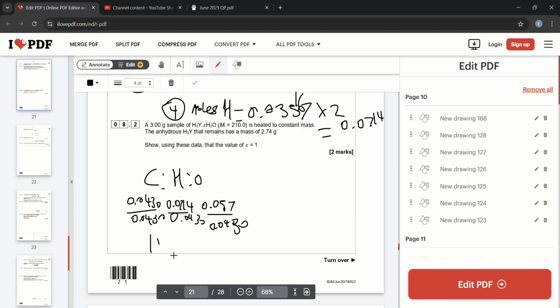This is 1.6, and this is going to be 1.3.